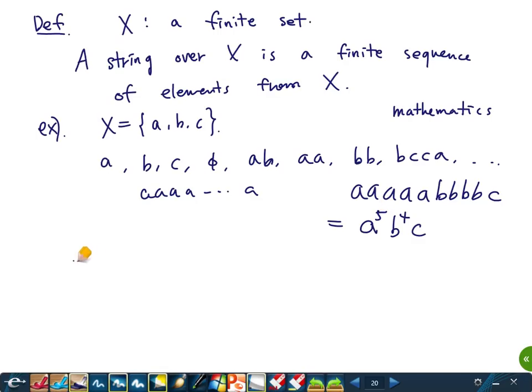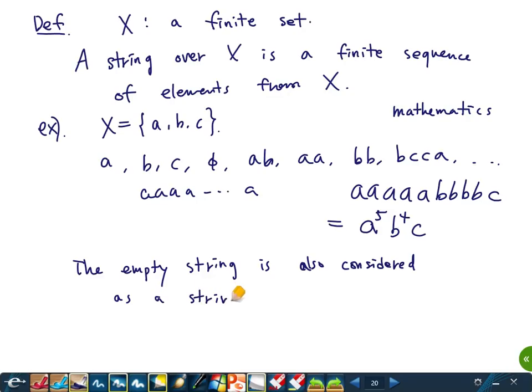So like I said, the empty string, because empty means nothing, the empty string is also considered as a string. And it's called the null string.